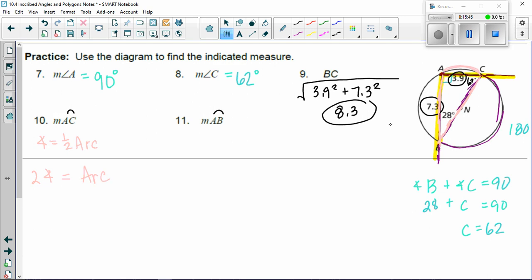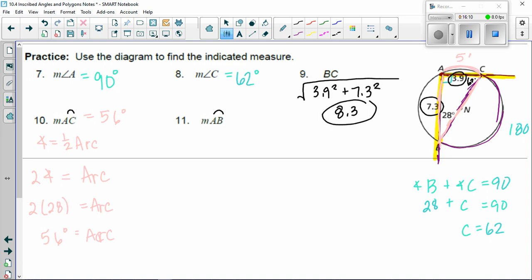So if you're looking for the angle, take half. If you know the angle, multiply by 2. 2 times the angle equals the arc. So that means the arc is 56 degrees.